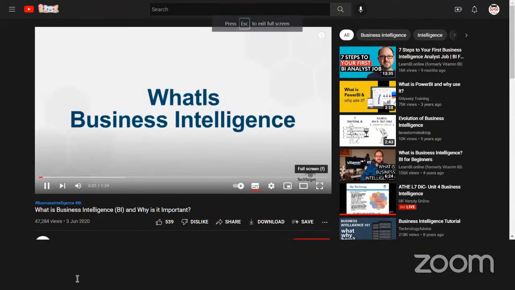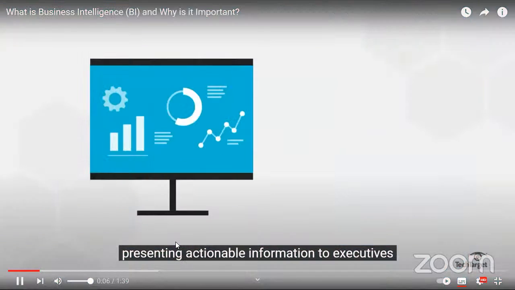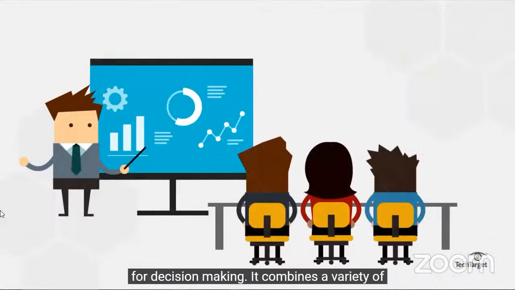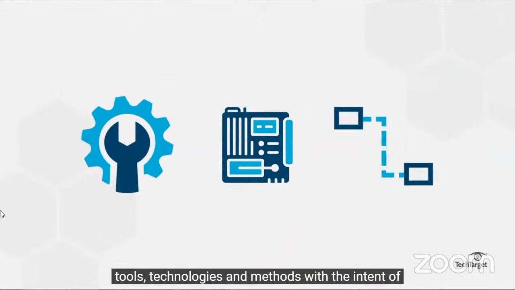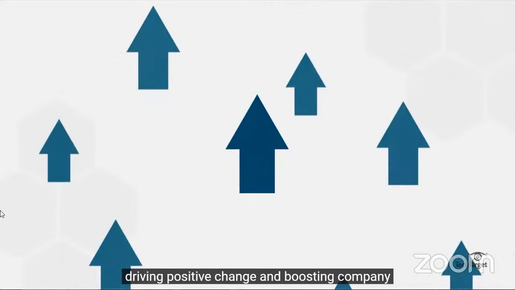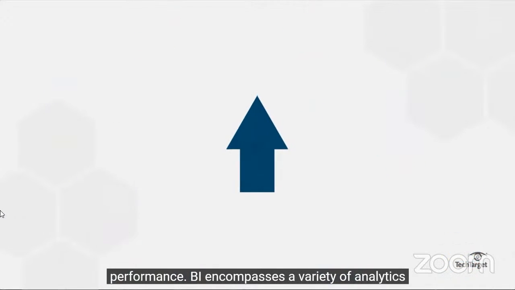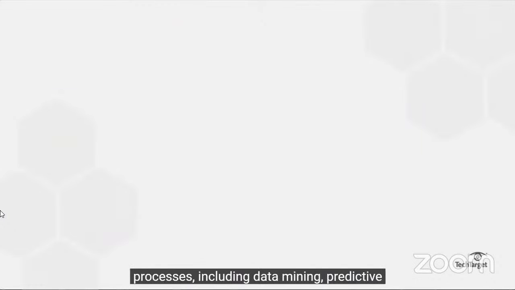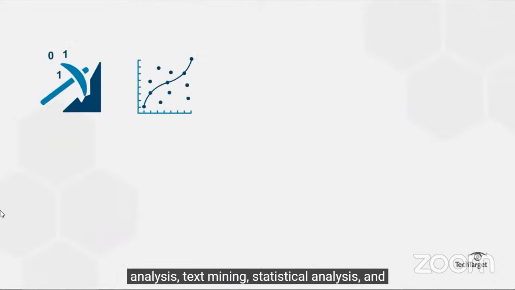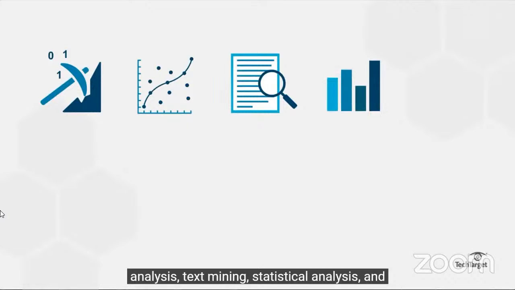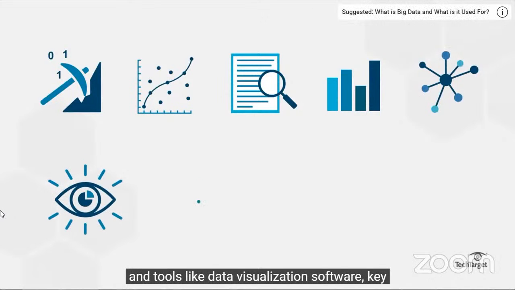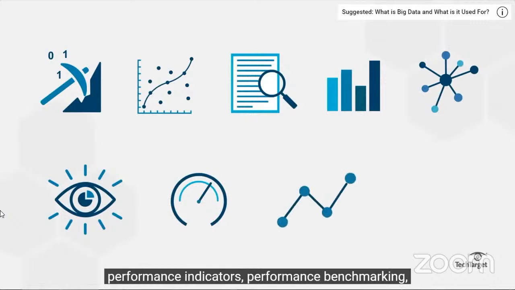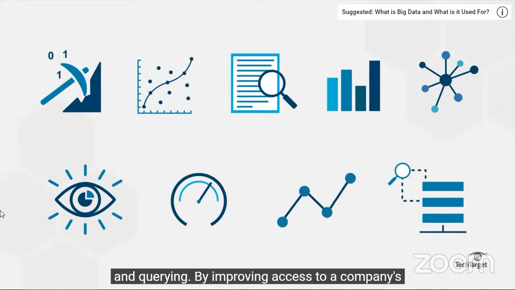Business intelligence is a technology-driven process of analyzing data and presenting actionable information to executives for decision-making. It combines a variety of tools, technologies, and methods with the intent of driving positive change and boosting company performance. BI encompasses a variety of analytics processes, including data mining, predictive analysis, text mining, statistical analysis, and big data analytics, as well as reporting processes and tools like data visualization software, key performance indicators, performance benchmarking, and querying.